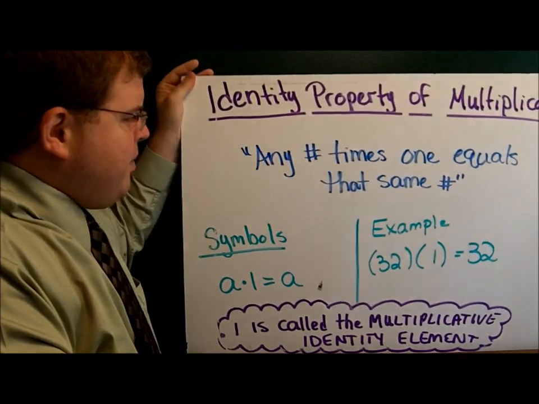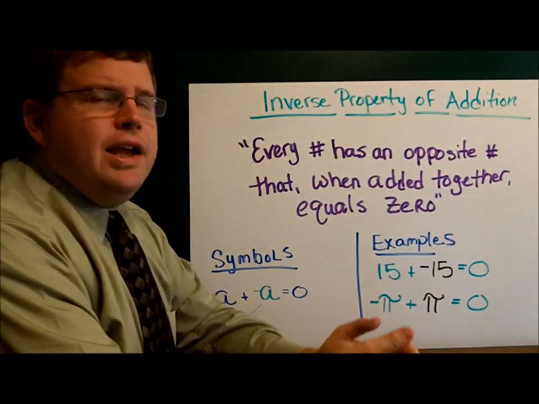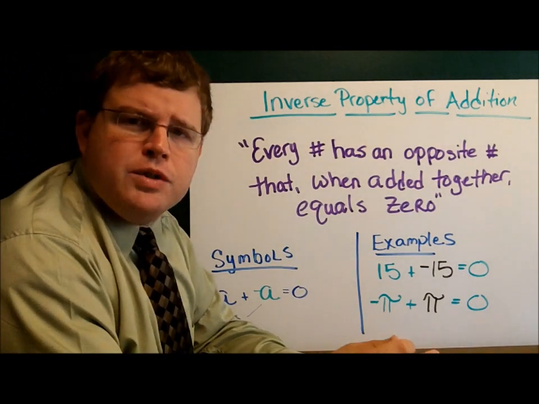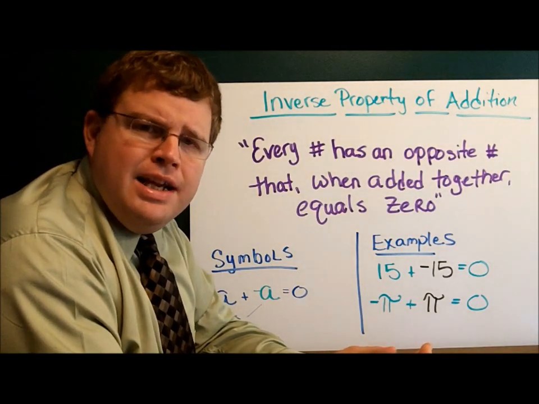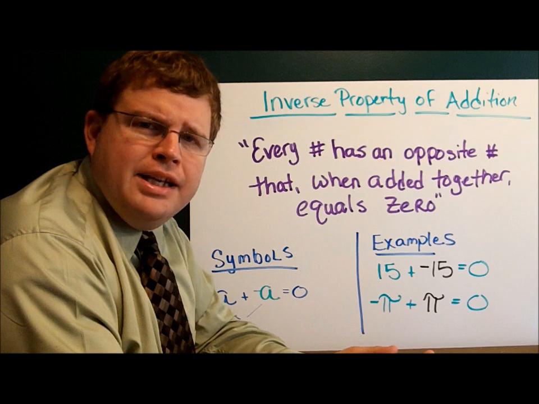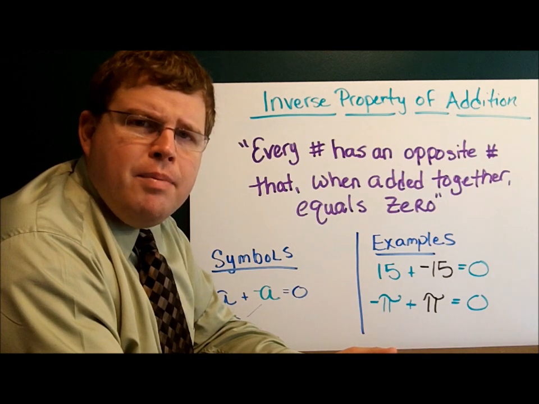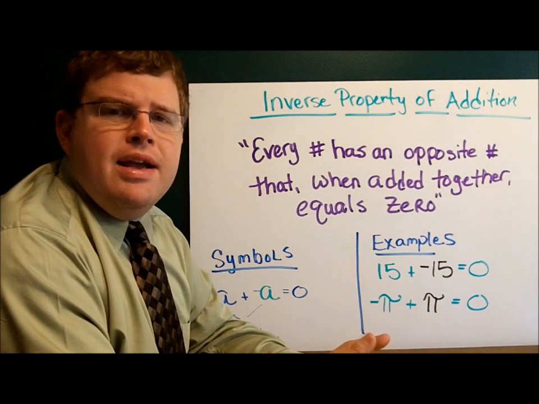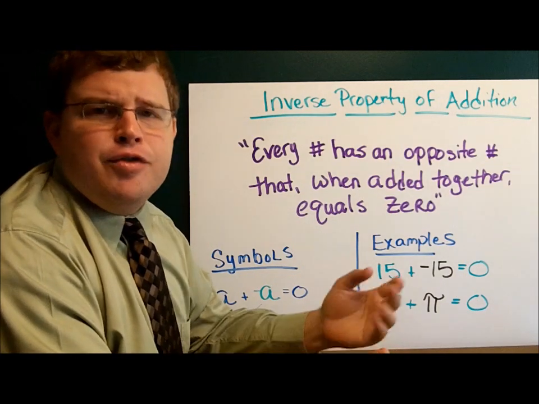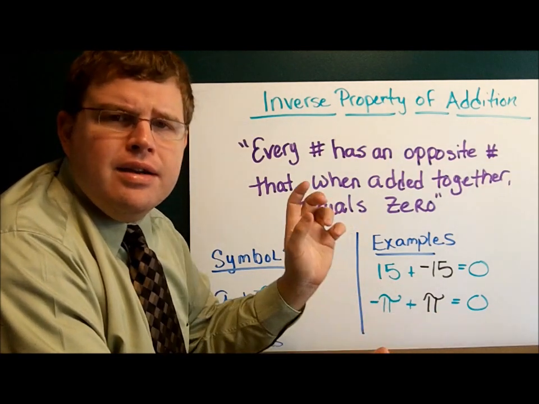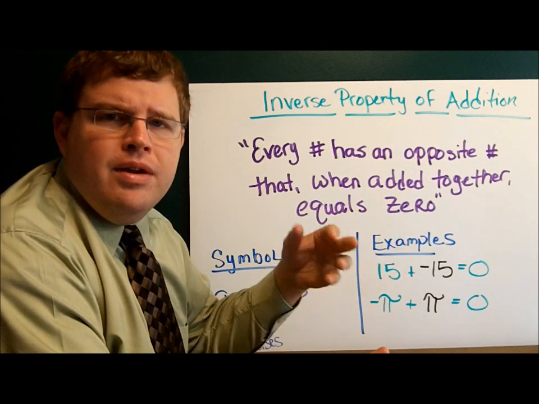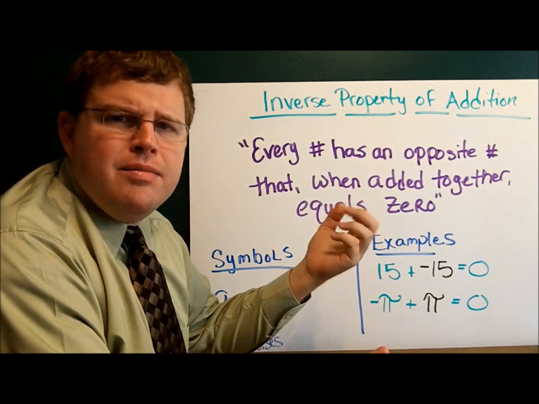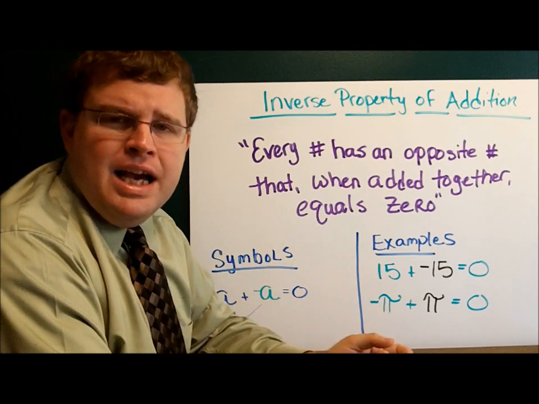The last property, we have 2 parts to, the inverse property. There's an inverse property of addition and an inverse property of multiplication. The inverse property simply says, how do you undo something? So in addition, if I have 12, to undo it, I subtract 12. If I have negative 10, I add 10. I just add the opposite.